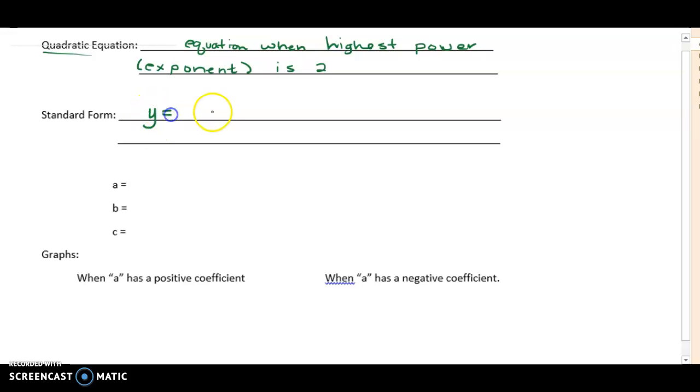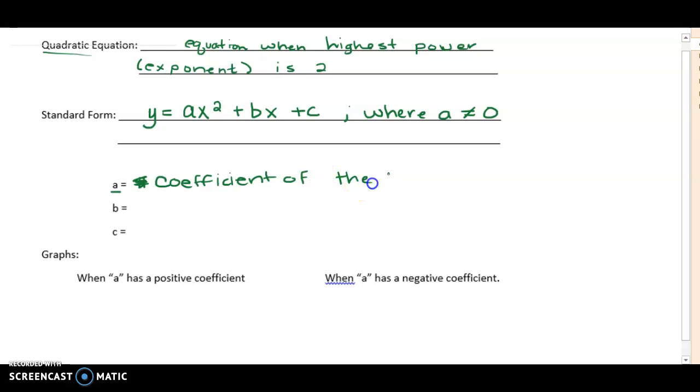So y equals ax squared plus bx plus c, where a cannot equal 0. The reason I put that is because if a equals 0, then it's just a linear equation because we don't have an x squared. Notice that the a is always the coefficient of the x squared.